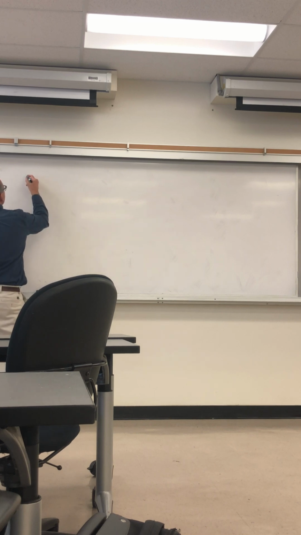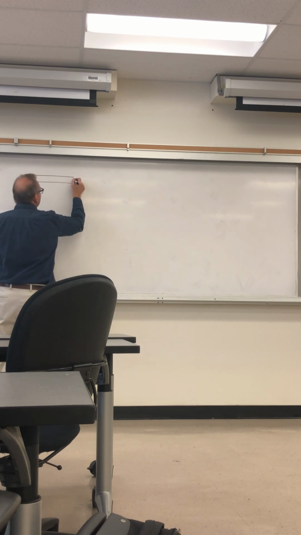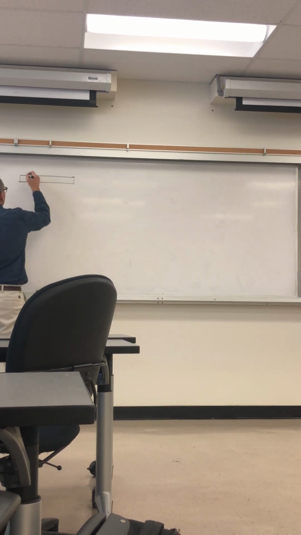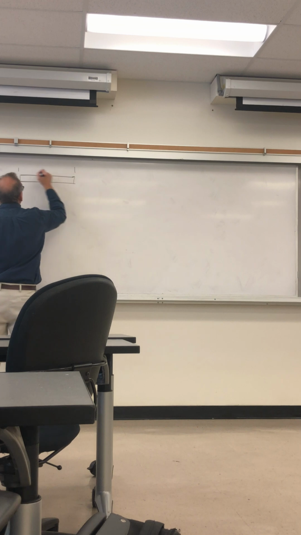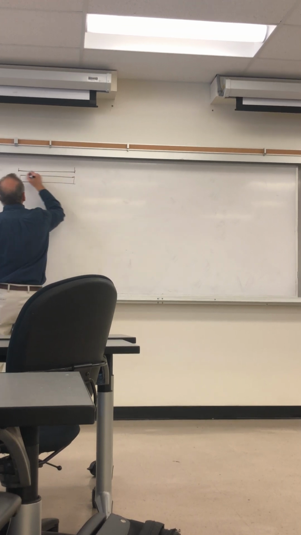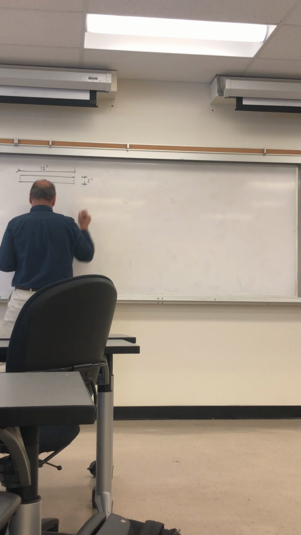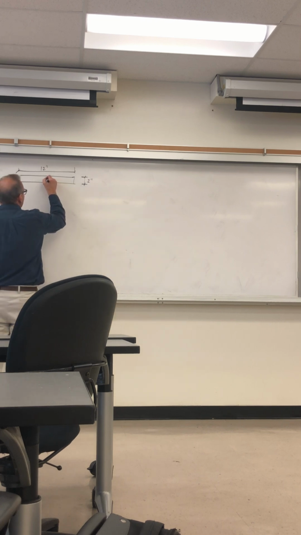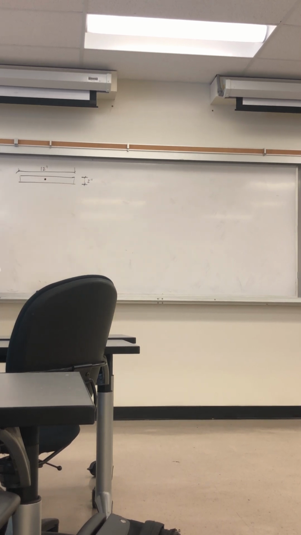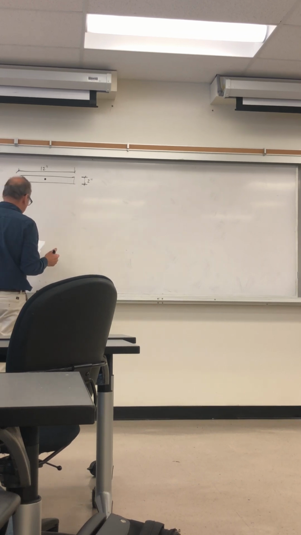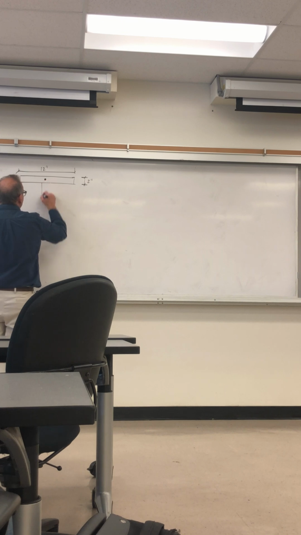It's 12 inches, the flange, the top member, 12 inches by 2 inches. Right, that part. And then we have a web that's also 2 inches wide and it's 10 inches tall, like this.